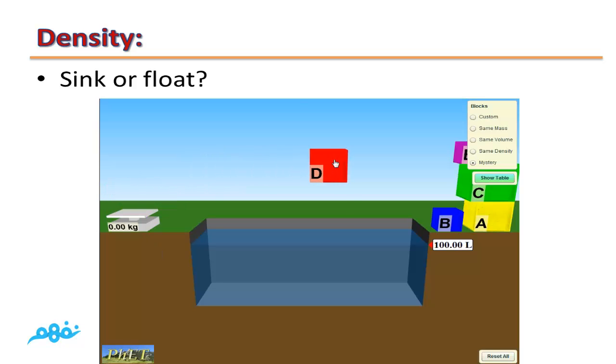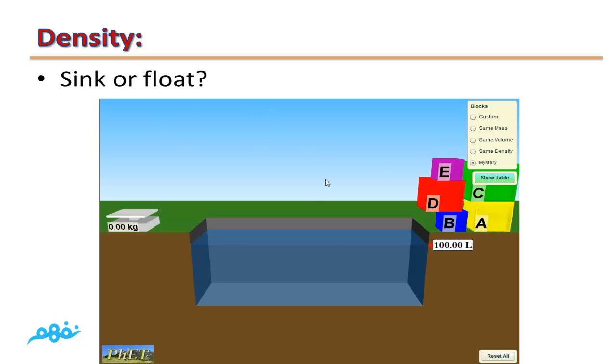Its volume is 3.38. Its density is still less than 1, so it will float. The final cube, E, its mass is 3.53. Its volume is 1. Its density is 3.53, so it will sink.